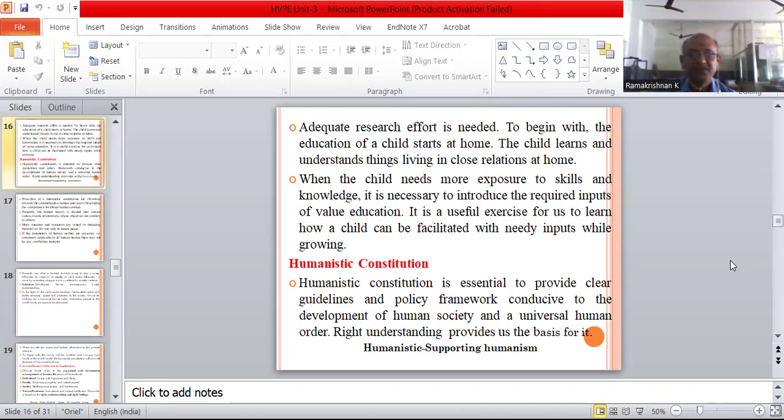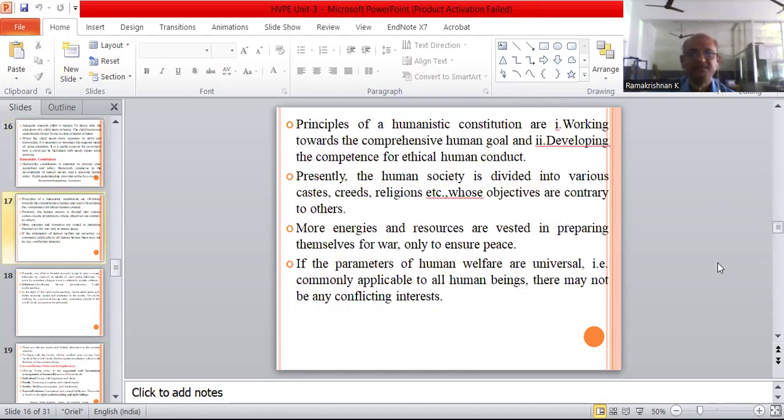Similarly, the humanistic constitution is essential to provide the different policies, procedures, and a framework for the ethical. It is a basis for the construction of humanistic education.